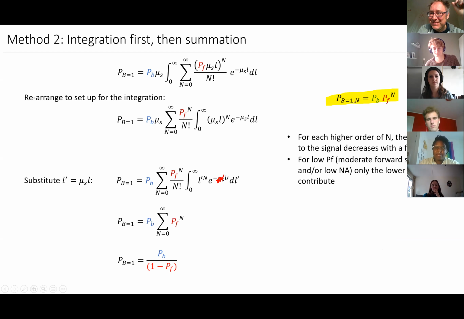So what we see, if you look first at this intermediate result here, is actually quite a simple expression.